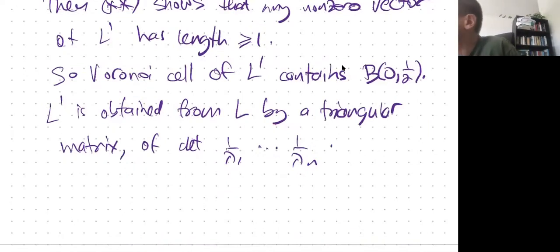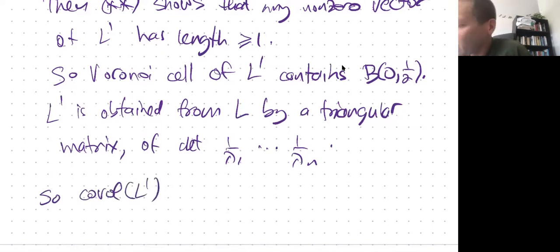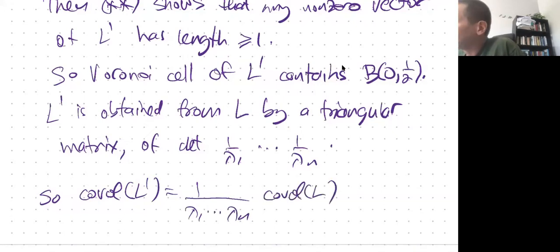And what that means is that the covolume of L prime is the covolume of L divided by the product of the lambda i's.